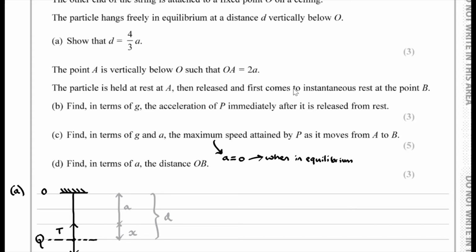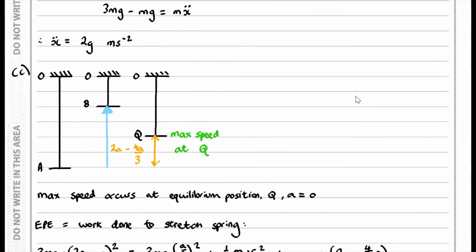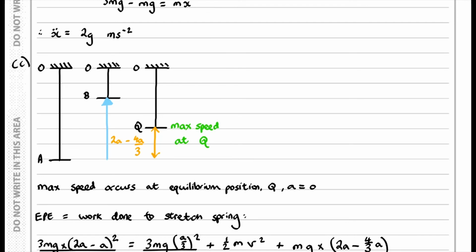Well, we know that at the point B, the particle comes to rest, so therefore we can say over here that the kinetic energy at the point B is equal to 0, and here is when we have the maximum height. Perhaps if I add this to the diagram, we've got this height over here, which is what we're concerned with.